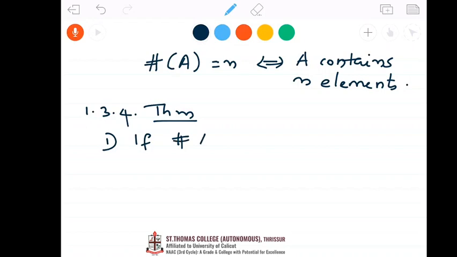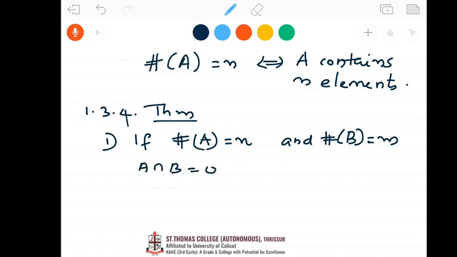A contains n elements, A is a finite set with n elements, and B contains m elements, A intersection B is equal to empty set, which means A and B are two disjoint finite sets.